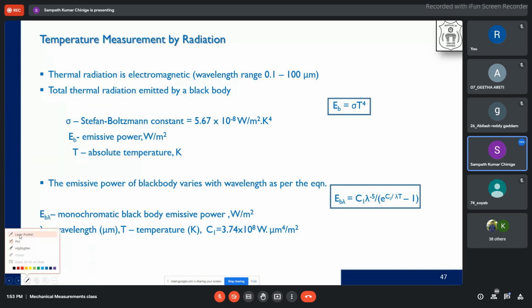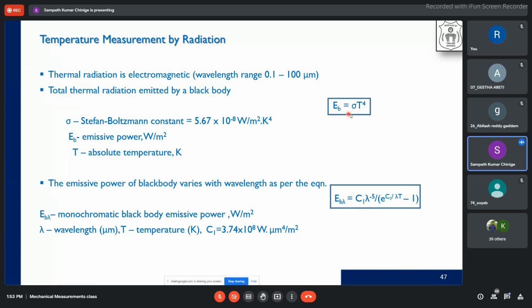This is the emissive power, where sigma is a constant which we call the Stefan-Boltzmann constant, and T is the absolute temperature of the body. Absolute temperature scale means the Kelvin scale. This law is called the Stefan-Boltzmann law.